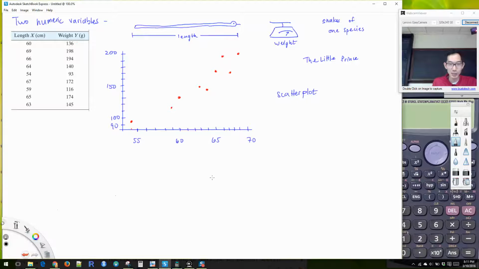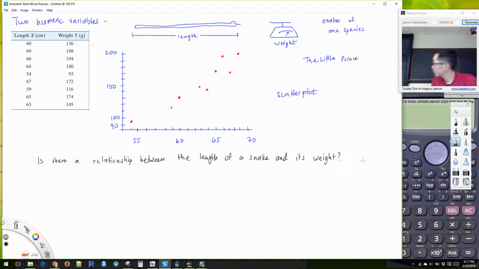All right, and we just ask, is there a relationship between the length of a snake and its weight?